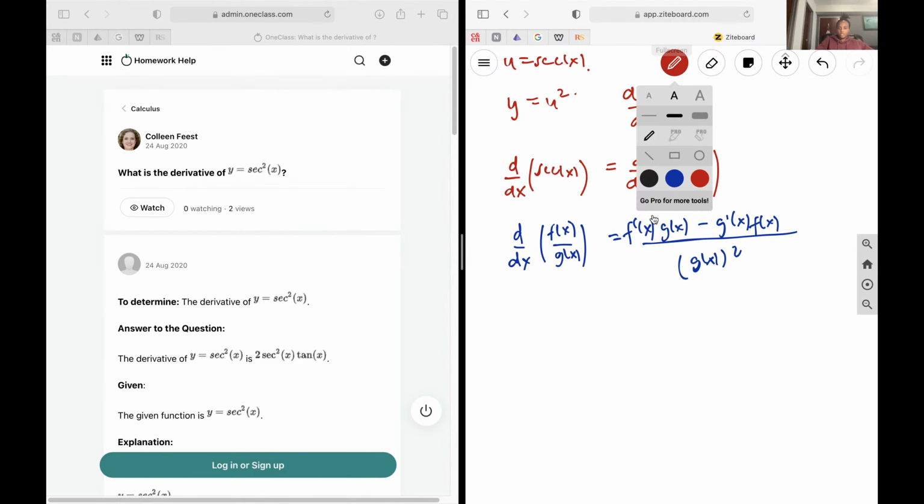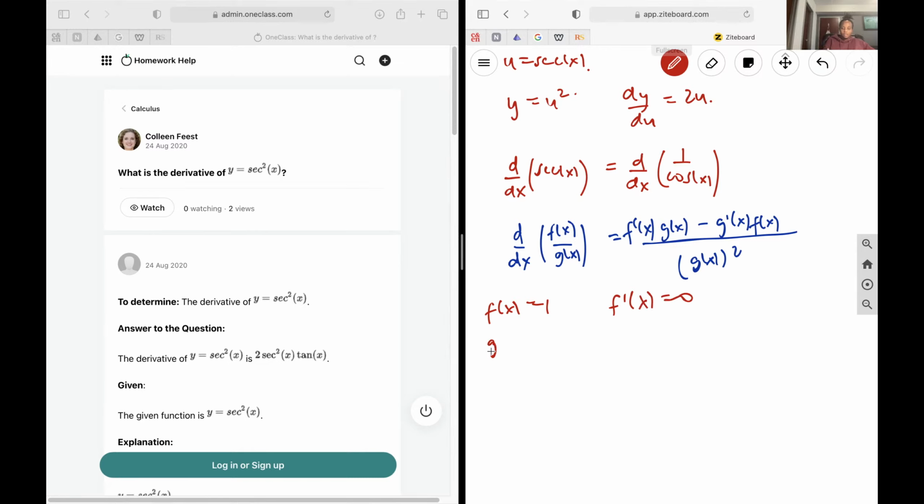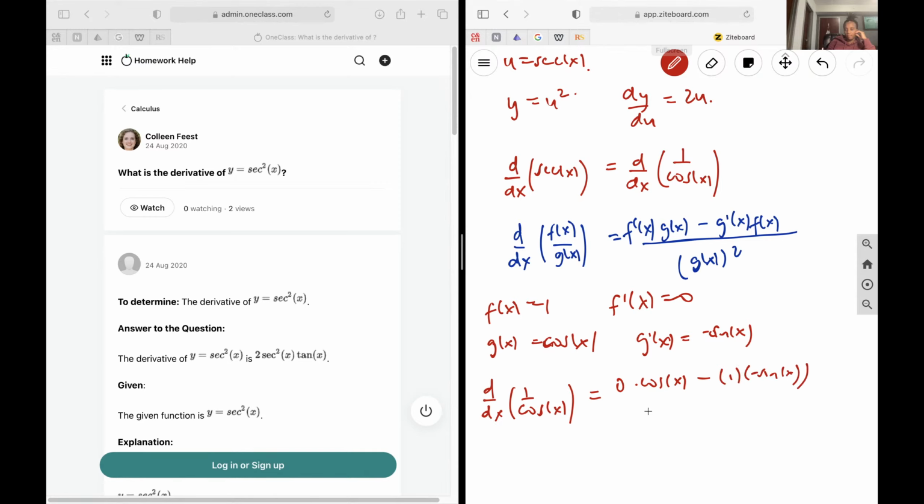Now f of x is equal to 1, so its derivative is 0, and g of x is equal to cos x, so its derivative is negative sine x. So d over dx of 1 over cos x gives me 0 times cos x minus 1 times negative sine x, all over cos squared x. These two negatives will cancel, and this gives me a 0.